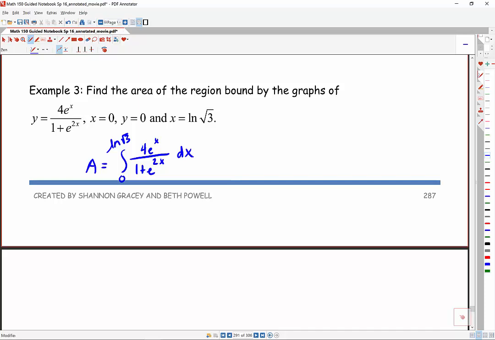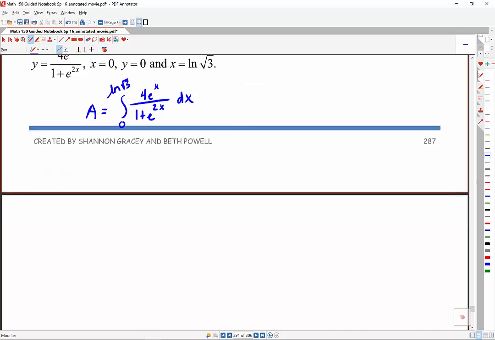So let's play around with this a little bit. We could rewrite this as our area is equal to the integral from 0 to natural log of root 3, and the 4 can come out, and we'll have e to the x over 1 plus e to the 2x, which is e to the x, the quantity squared.